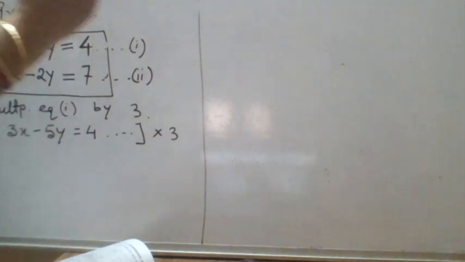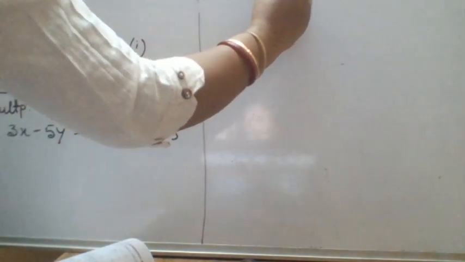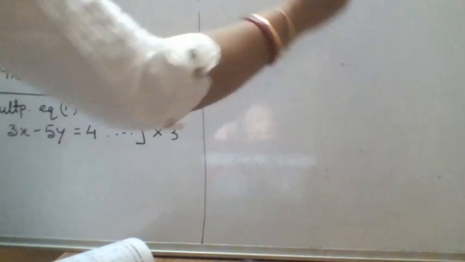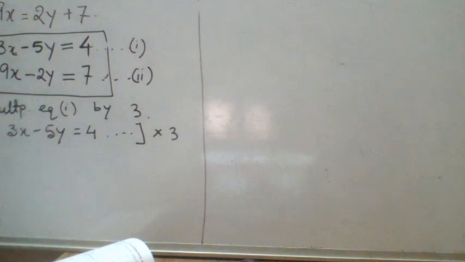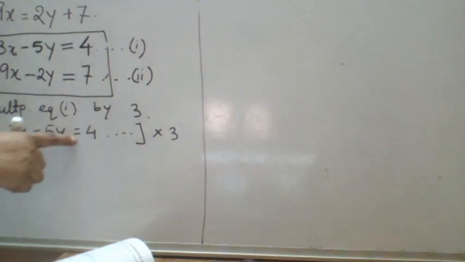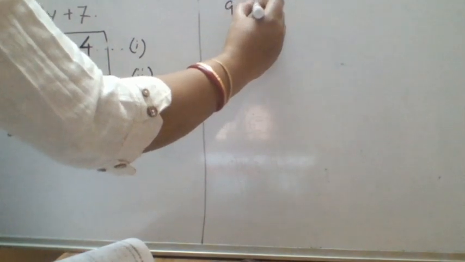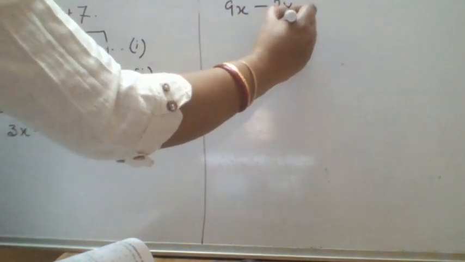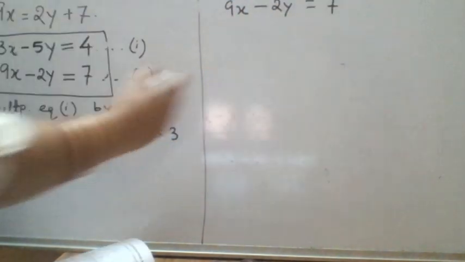So this is 9x minus 15y equal to 12. 9x minus 15y equal to 4 into 3, 12. Okay. And the second equation remains the same, that is 9x minus 2y equal to 7.